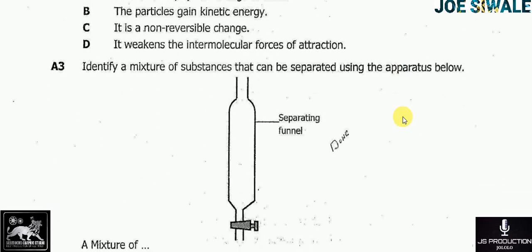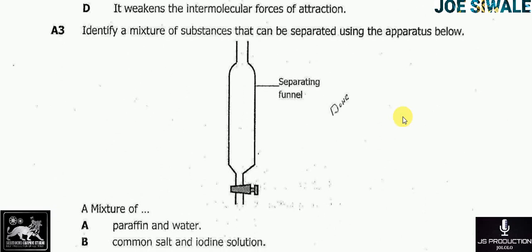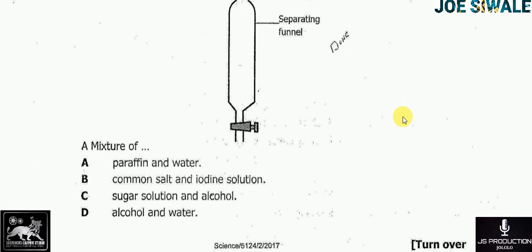Question 3 reads, identify a mixture of substances that can be separated using the apparatus below. So I have the separating funnel. The question proceeds, a mixture of A. Paraffin and water. B. Common salt and iodine solution.